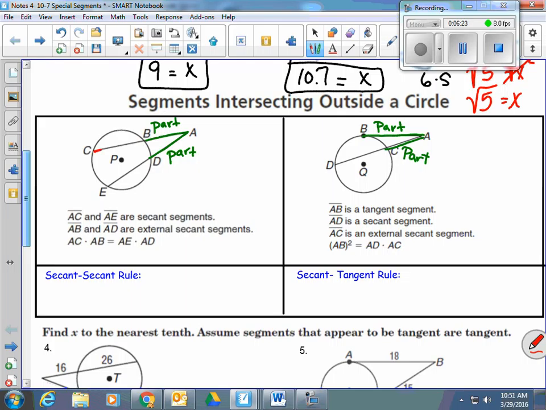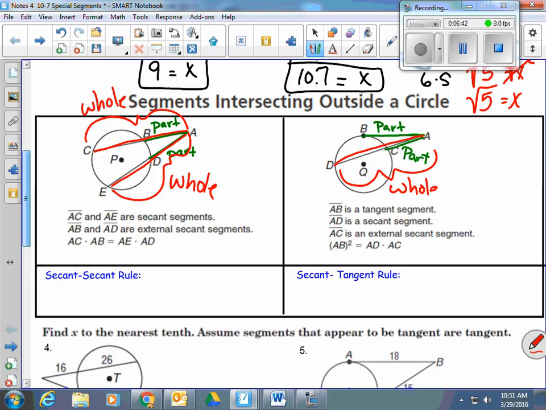And then this right here is a what? A whole. What would this be right here? Whole. Then right here I have a what? Whole. Oh, but wait a minute, what about this other one? There is not a whole, is there? There's just a part. There's only a piece that's outside of the circle.